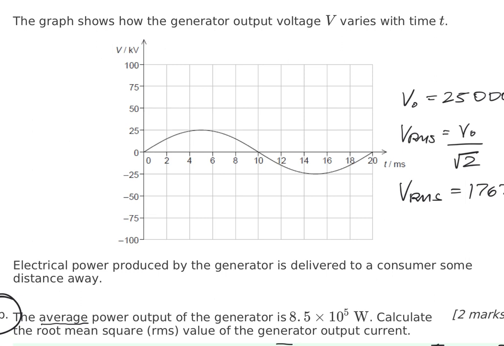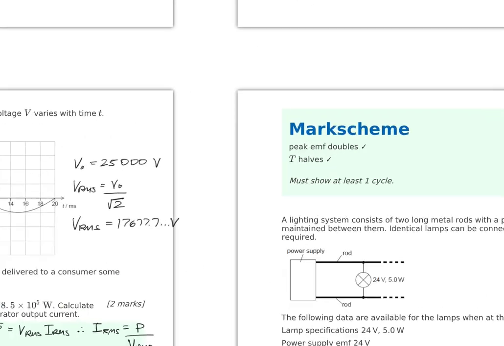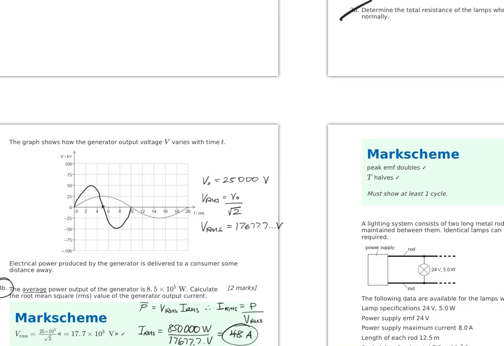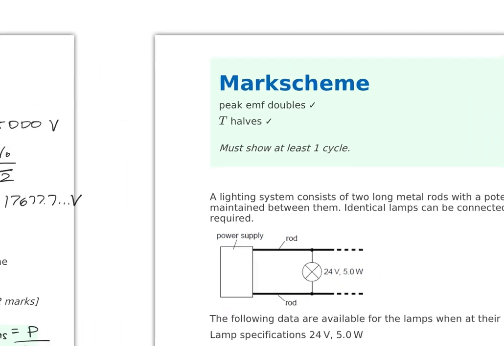We're going to have a cycle that completes in half the time, so 10 seconds. The halfway mark is going to be right there. And instead of 25,000 volts max EMF, it's going to have 50,000 volts, twice as much. So here we go, that's what our graph is going to look like. And the mark scheme agrees: peak EMF doubles and the period is halved.